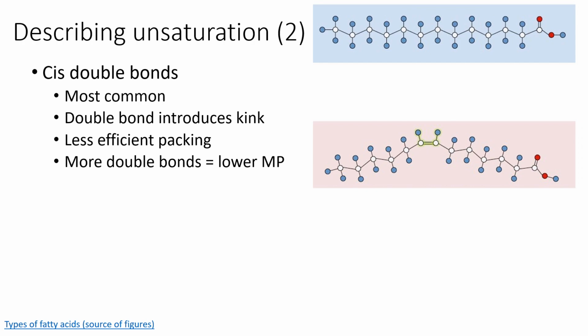And like I mentioned before, that double bond introduces essentially a kink or a bend into the structure of that long hydrocarbon tail, which you can see in this picture here. This is in contrast to this picture up here in blue, which shows a completely saturated fatty acid. With the pink background, we have an unsaturated fatty acid with a cis double bond.